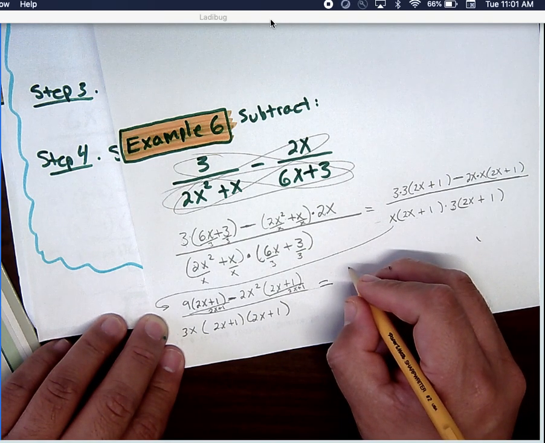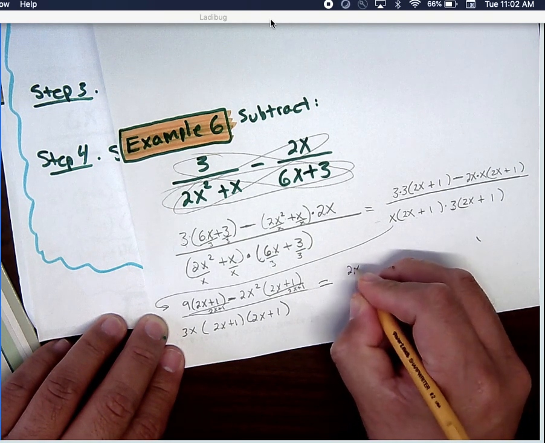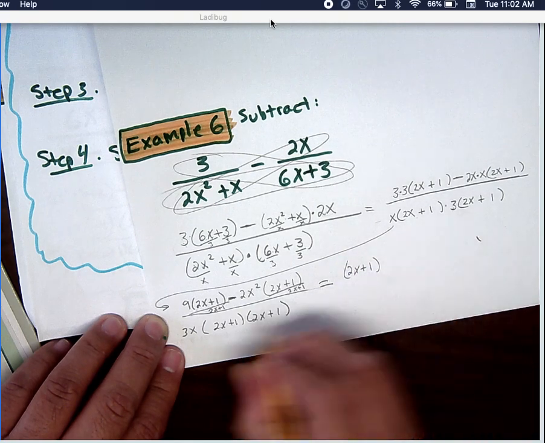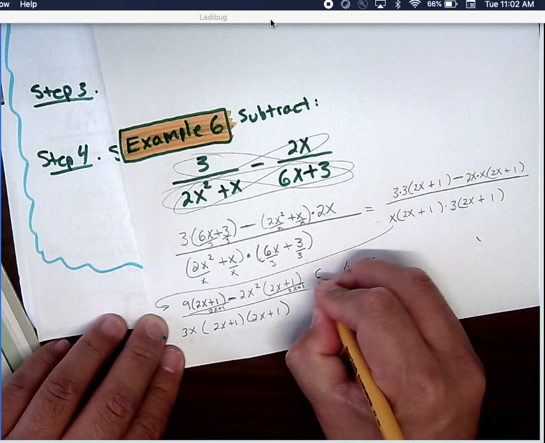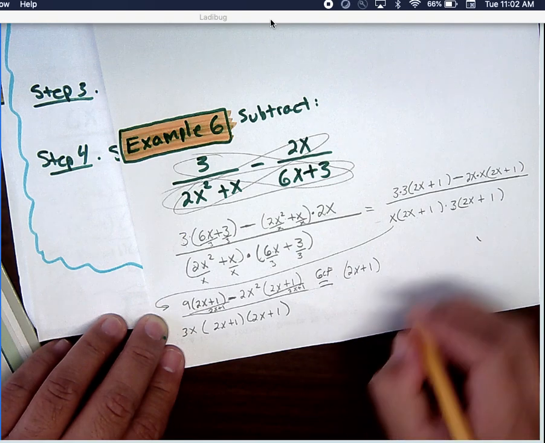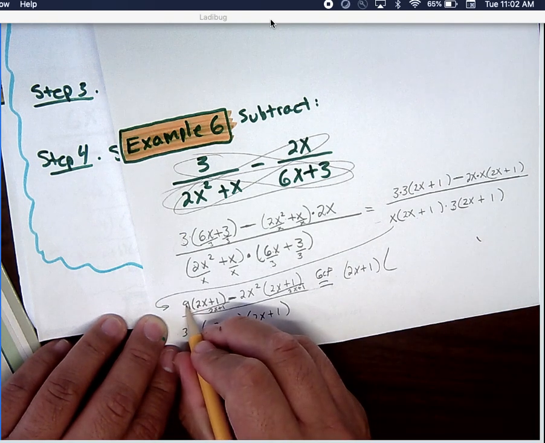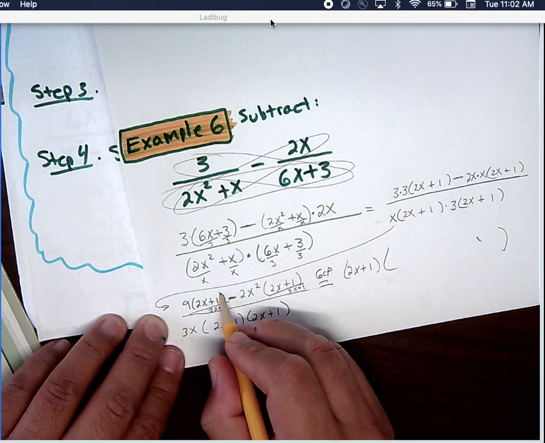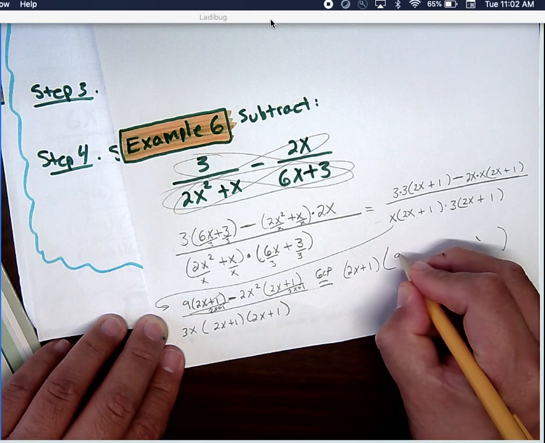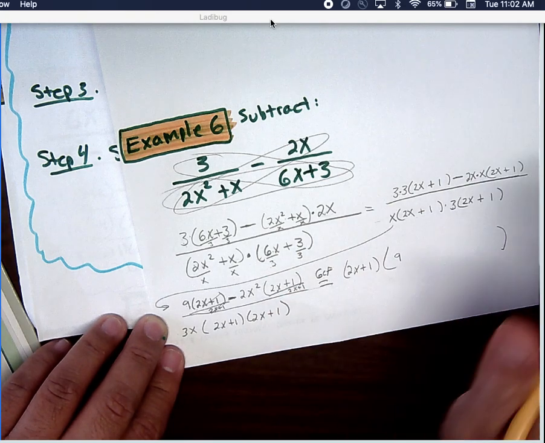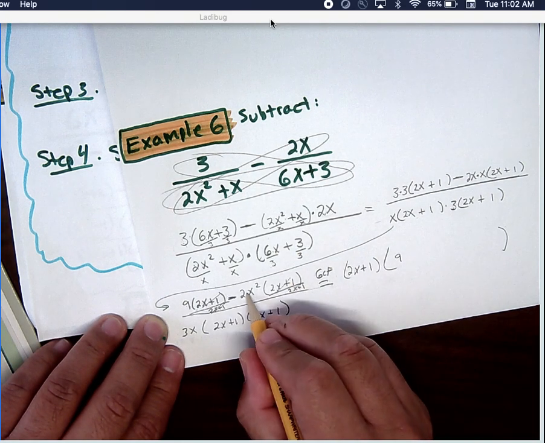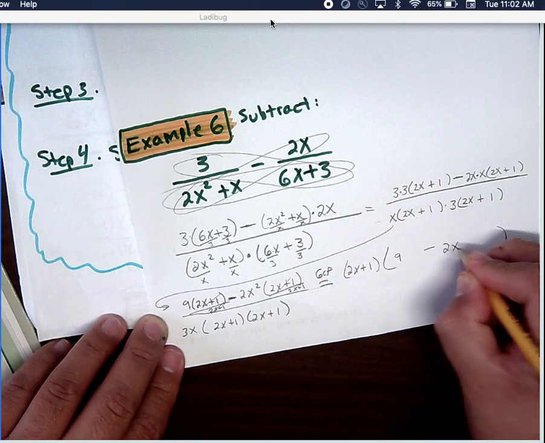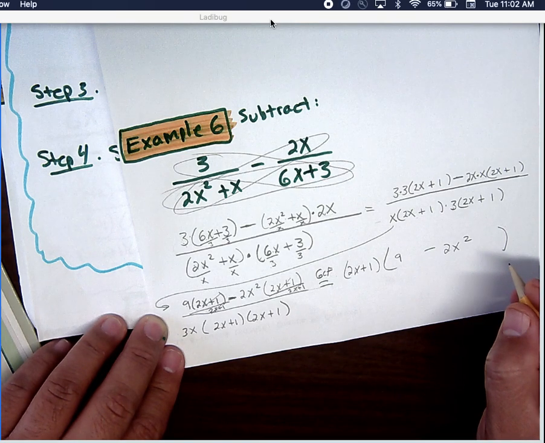So we would have 2x plus 1. That would be the GCF. So GCF here. And then we're going to have the inside. So 2x over 2x plus 1 cancels, so you're left with the 9. And then this one cancels, so you're left with the 2x squared on the inside.